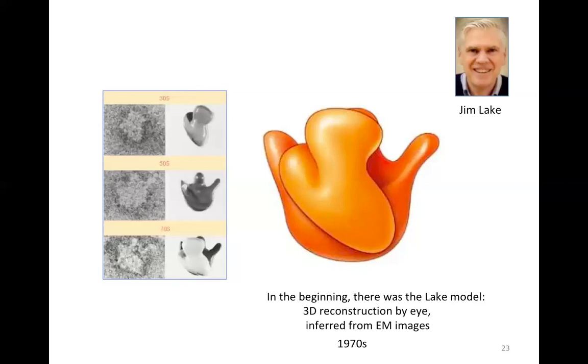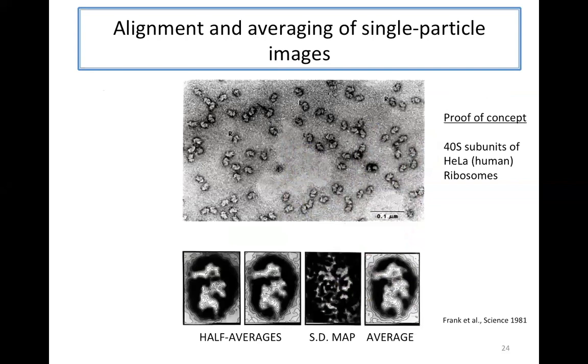So in other words, there was really no rational way at the time to get to the ribosome structure. So this is why I adopted the ribosome for development of the technique.